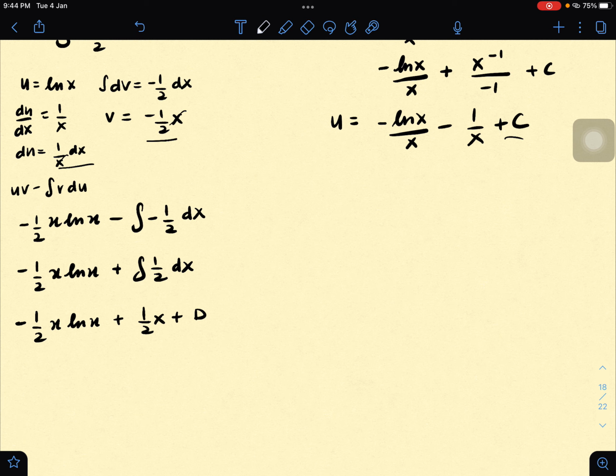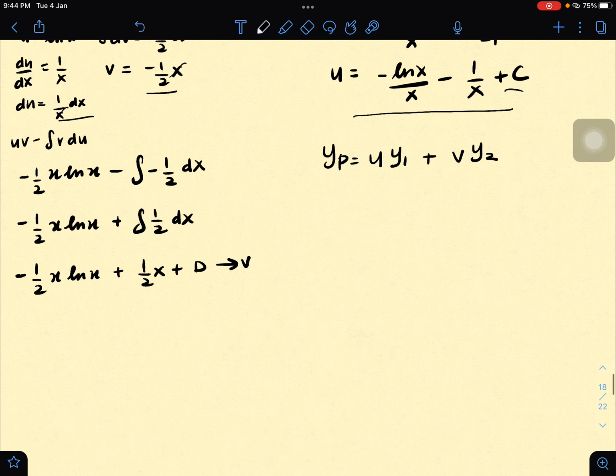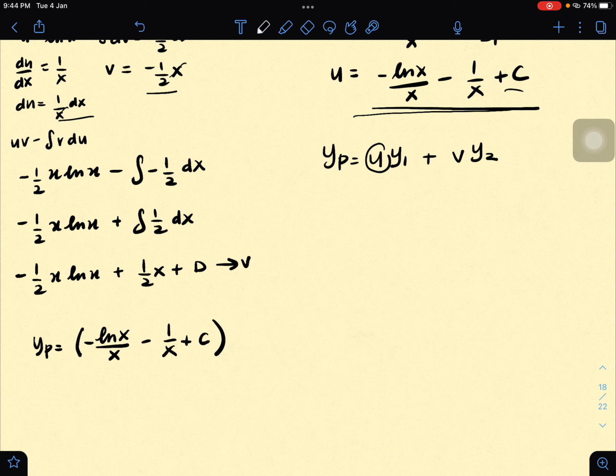Okay, so now class, this one is your v, and you already have your u. So we can find our yp, because yp is equal to u multiply by y1 tambah dengan v multiply by y2. So your u is all of this. Okay, so your yp will be u, negative ln x over x minus 1 over x plus c multiply by y1.